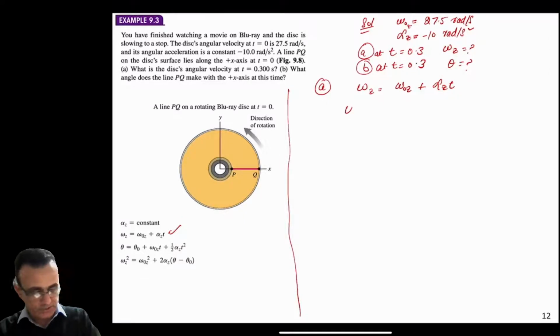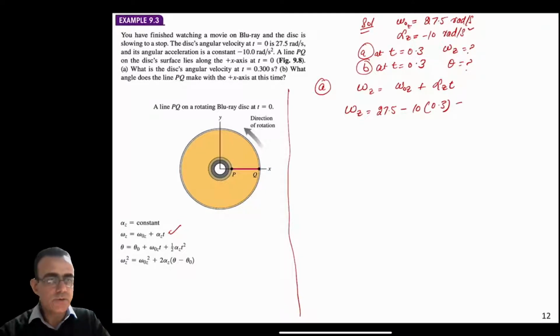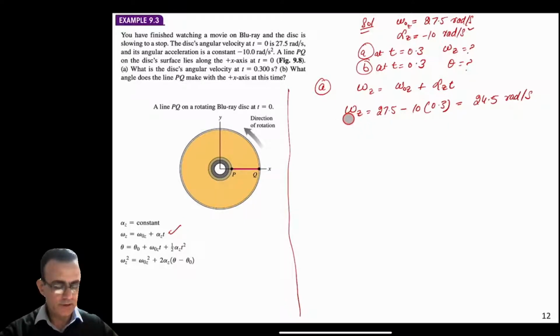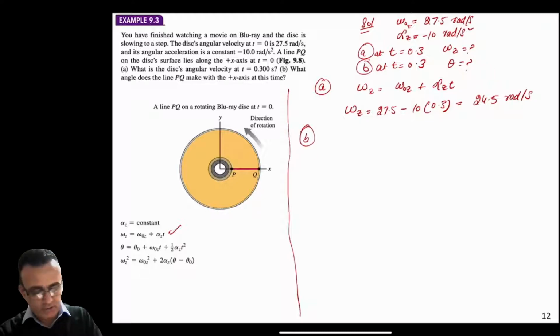So you just need to calculate omega z: 27.5 minus 10 into 0.3. From here you can calculate omega z, which is 24.5 radian per second. So you calculated the final angular velocity, which is less than the initial angular velocity, because the acceleration is negative.